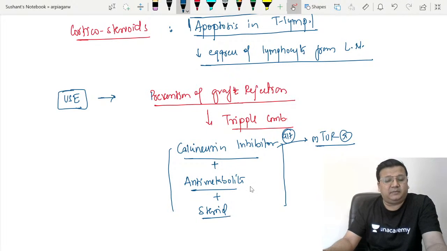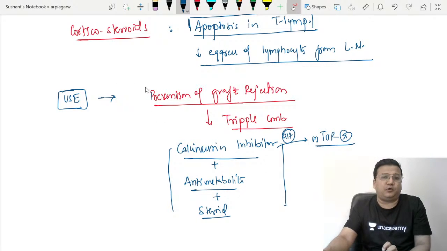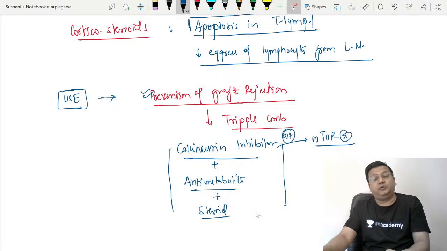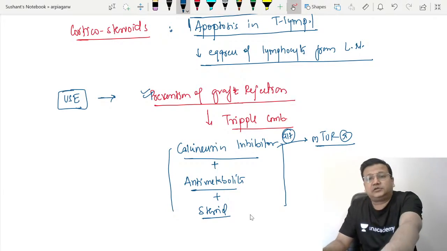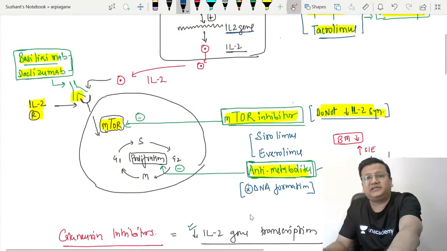In antimetabolites, mainly mycophenolate mofetil is used. In calcineurin inhibitors, cyclosporin or tacrolimus can be used. So that is about the important drugs and the important use of immunosuppressants. So you can see the first diagram that we had drawn and try and understand.